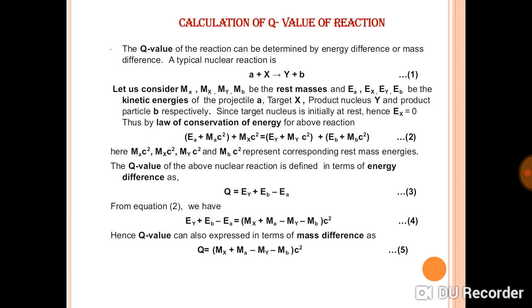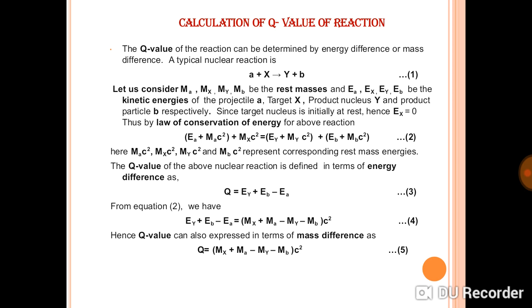Let us discuss calculation of Q value of reaction. As we have discussed earlier, the Q value of reaction can be determined by energy difference or mass difference. A typical nuclear reaction can be written as A plus X gives Y plus b.